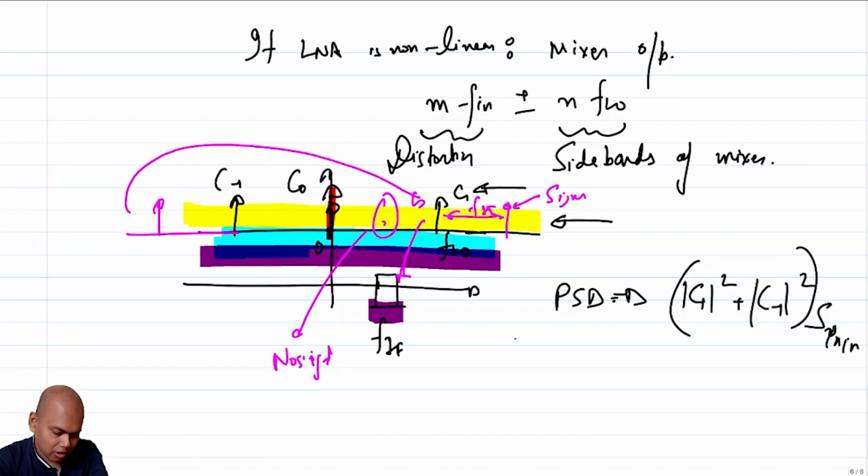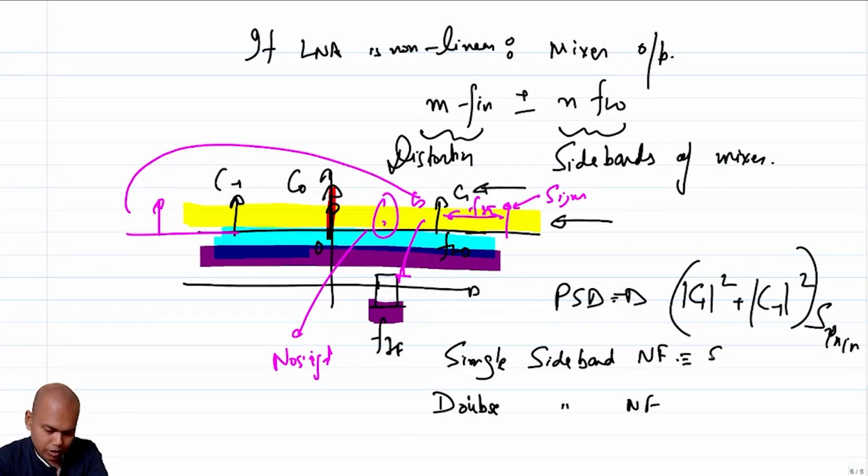One is called single sideband noise figure, SSB. Another is called double sideband noise figure, DSB.